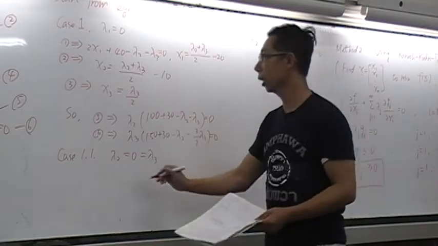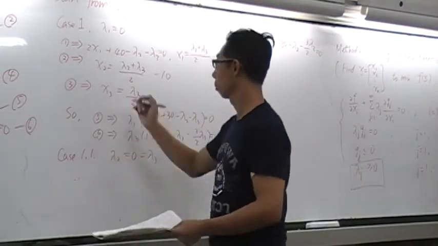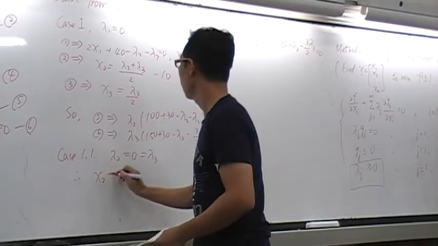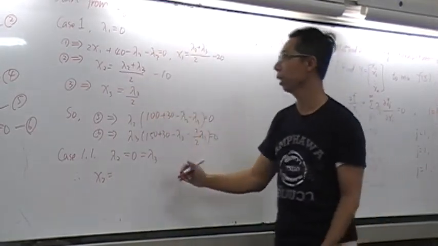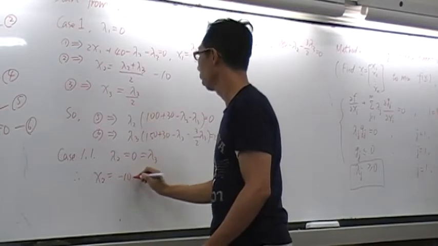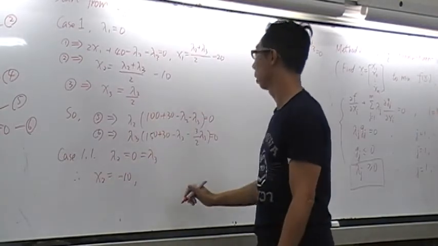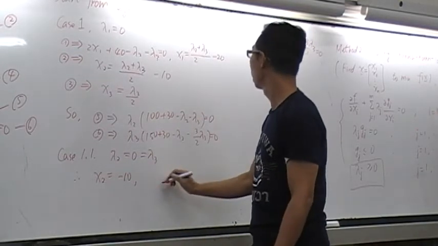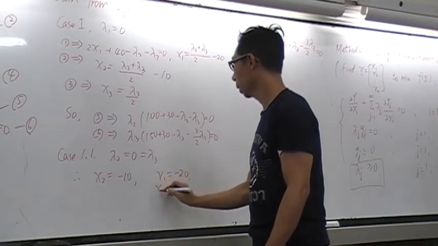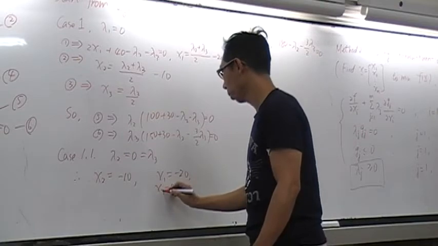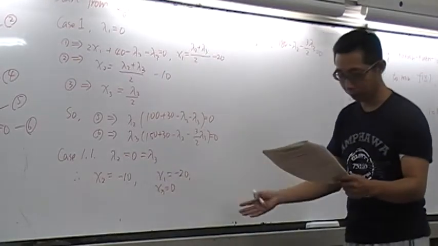Yeah, in this case, what is x2? Both lambda 2 and lambda 3 are zeros, so x2 equals negative 10. Okay. And what is x1? x1 equals negative 20, right? And x3 equals 0. Okay, so this is what we have.